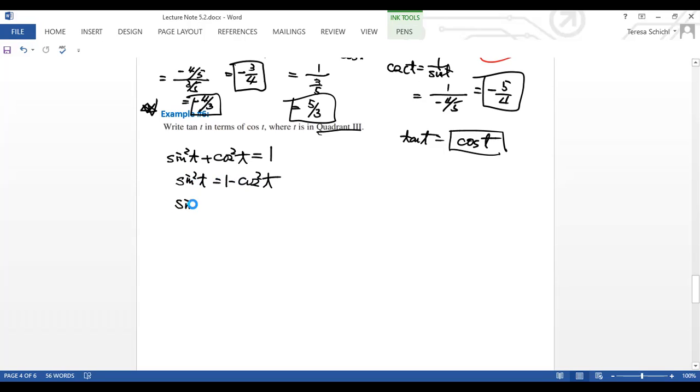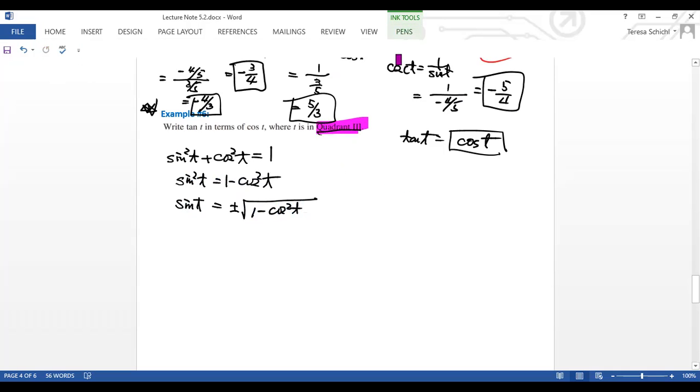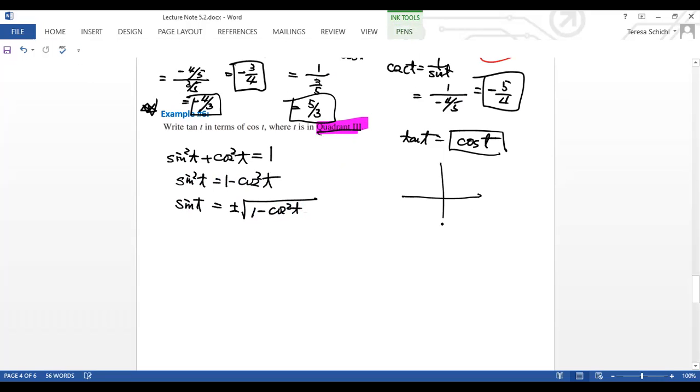Okay, so now the sine t, I take the square roots, so I can have a positive or negative square root of 1 minus cosine squared t. Okay, because this is in quadrant number 3 here, right? So if this is quadrant number 3, that means in this quadrant, x is what?